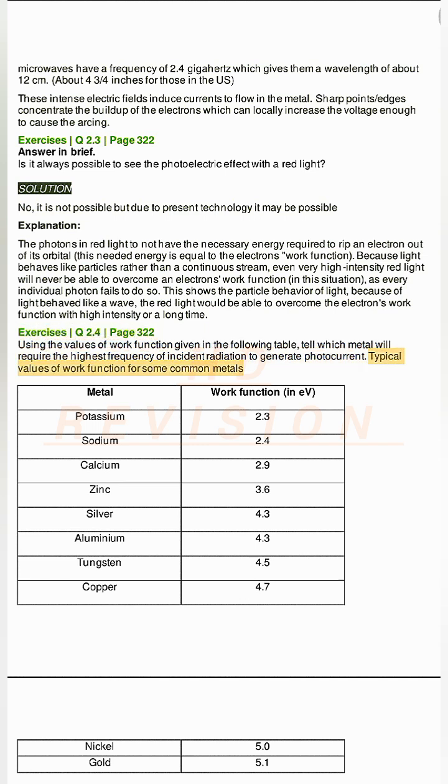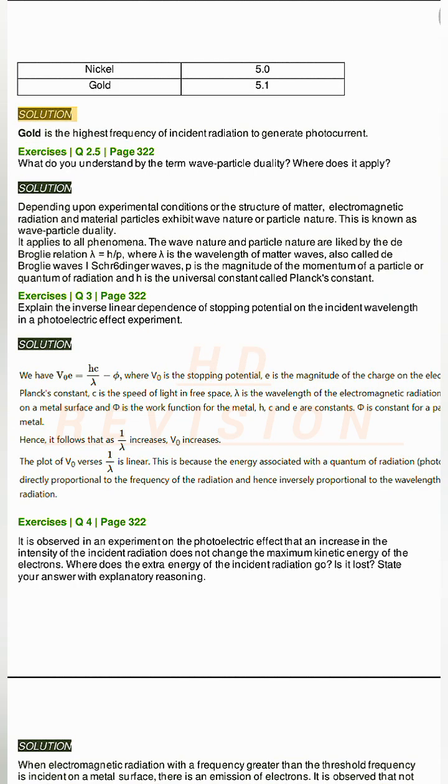Typical values of work function for some common metals, in eV: Potassium 2.3, Sodium 2.4, Calcium 2.9, Zinc 3.6, Silver 4.3, Aluminium 4.3, Tungsten 4.5, Copper 4.7, Nickel 5.0, Gold 5.1. Solution. Gold requires the highest frequency of incident radiation to generate photocurrent.